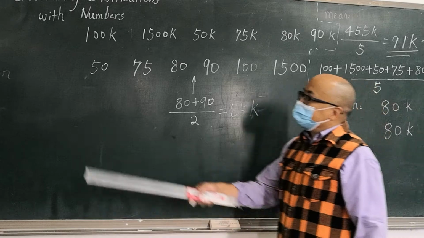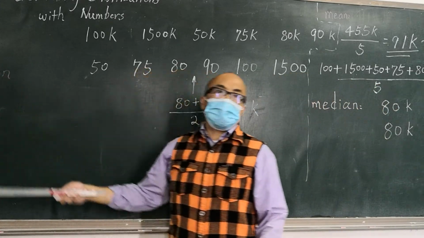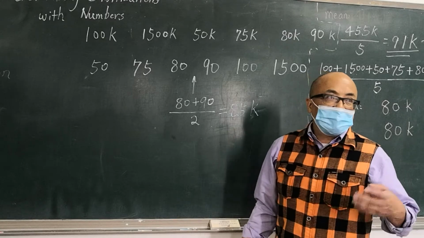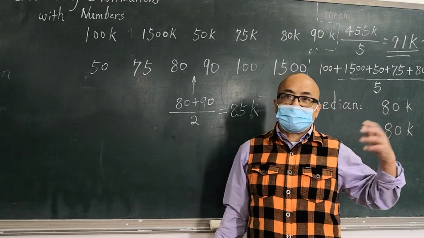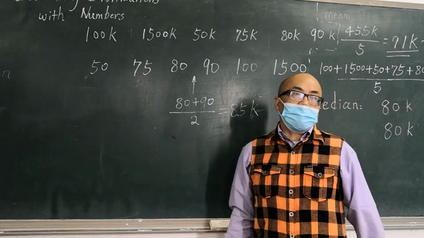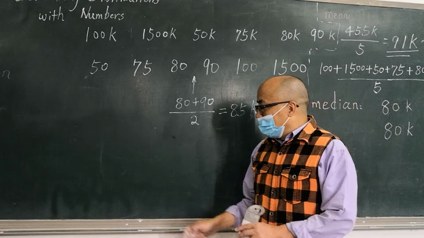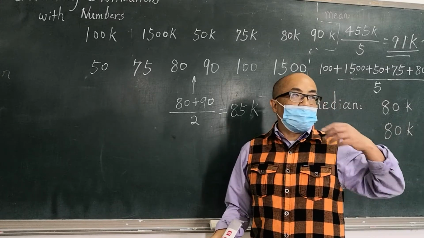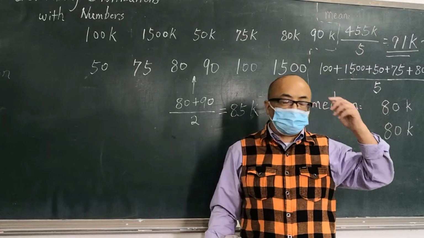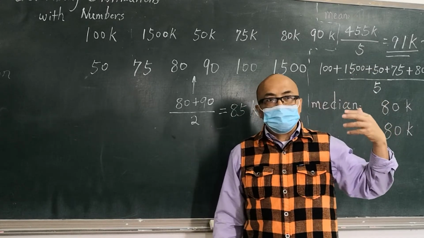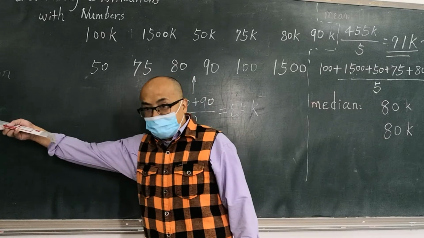In summary, for the mean, people use it, but actually, to be honest, if you want to look at housing prices, they list the median number. For example, if you want to check how expensive housing is in New York, they give out the median.